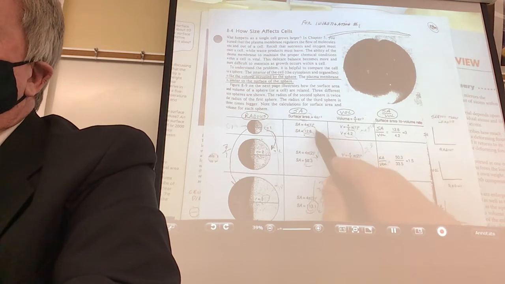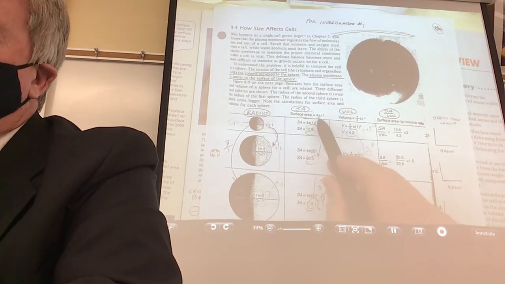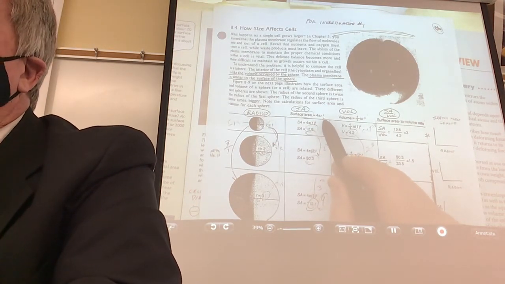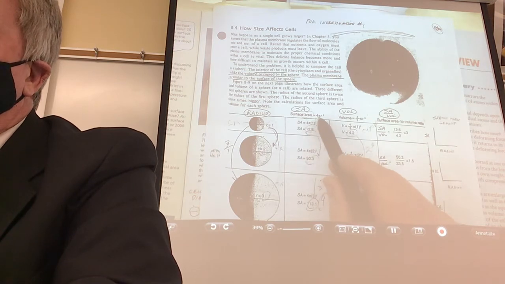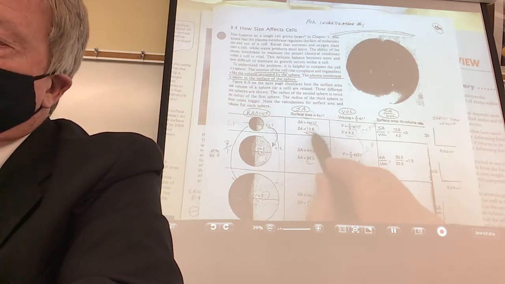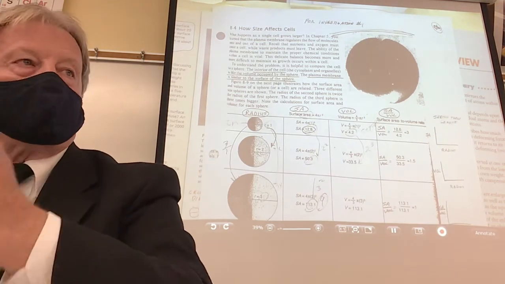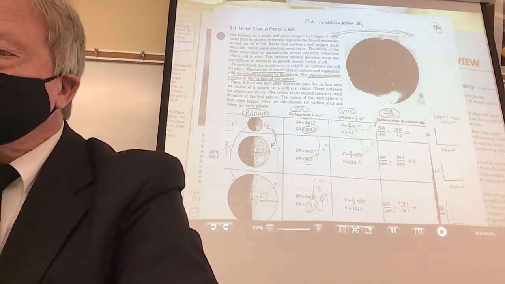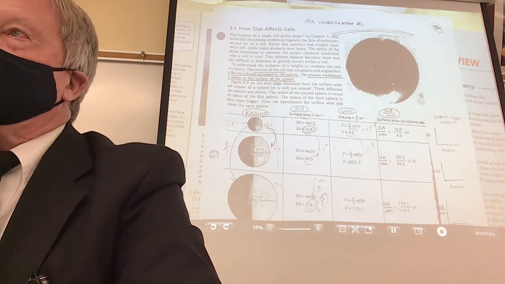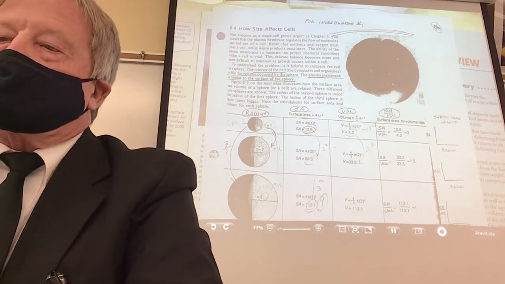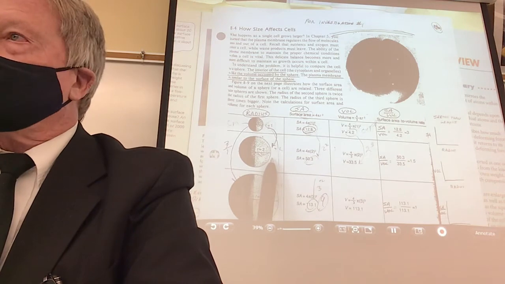The surface area of a sphere is 4 pi r squared. If I plug that number in there, you'll find out that the surface area of the little cell is a number like 12.6. Now, what is the surface area of a cell whose radius is twice as big?